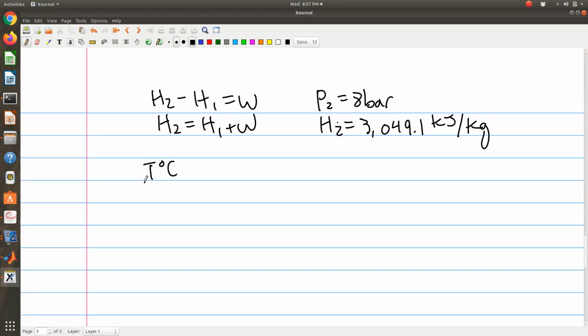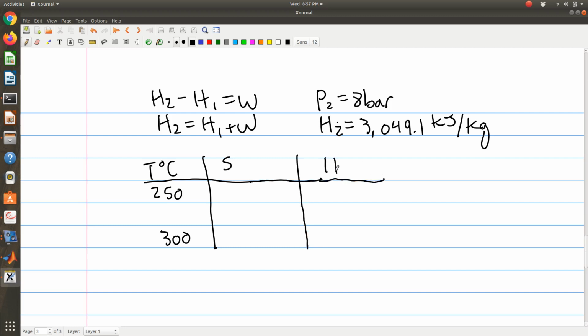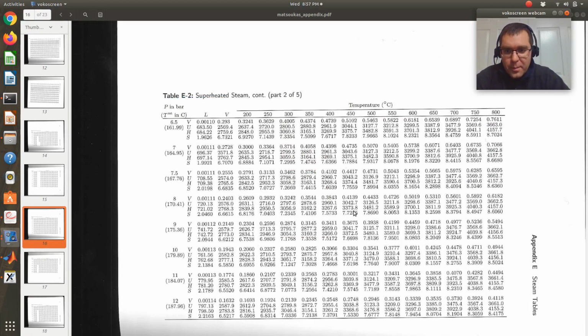Let me collect everything just for completeness. I'm going to be between 250 and 300 degrees. I can keep entropy as my middle column. But now I know the enthalpy of my state of interest, which is 3049.1. So let's get our properties at 250 again.